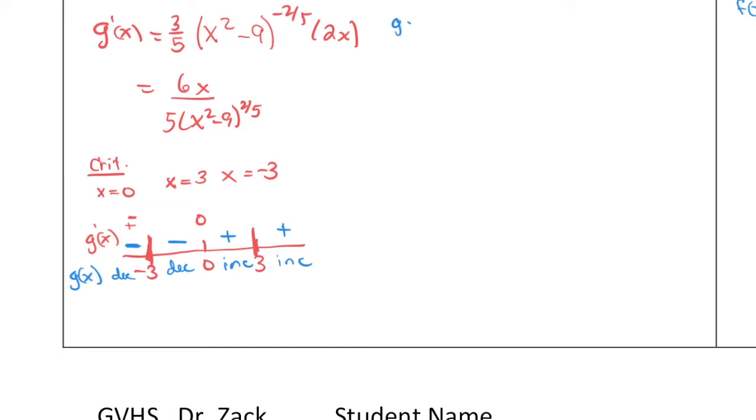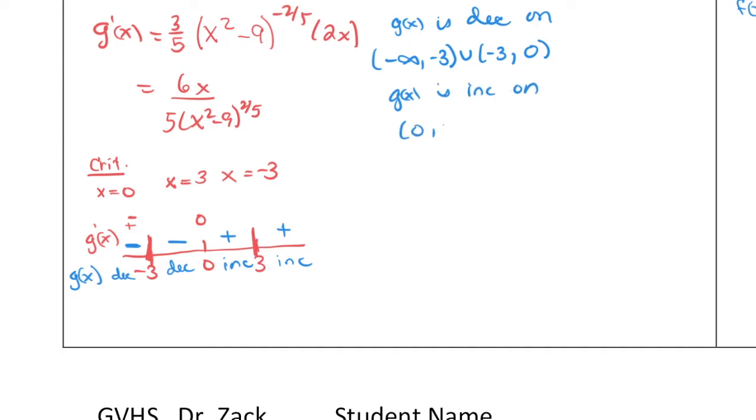So g of x is decreasing on negative infinity to negative 3. We do not include negative 3 because it has a vertical tangent line there. Union negative 3 to 0. G of x is increasing on 0 to 3, union 3 to positive infinity.